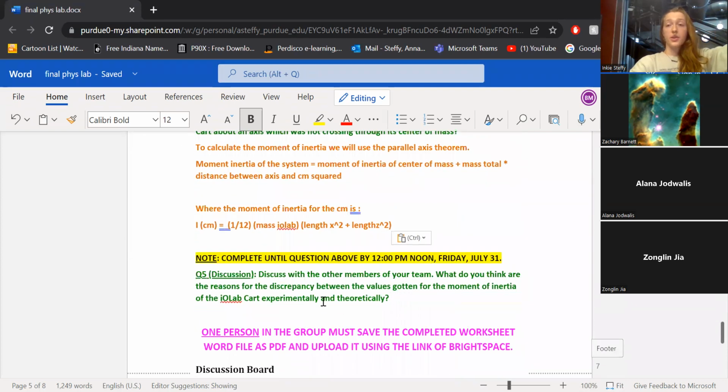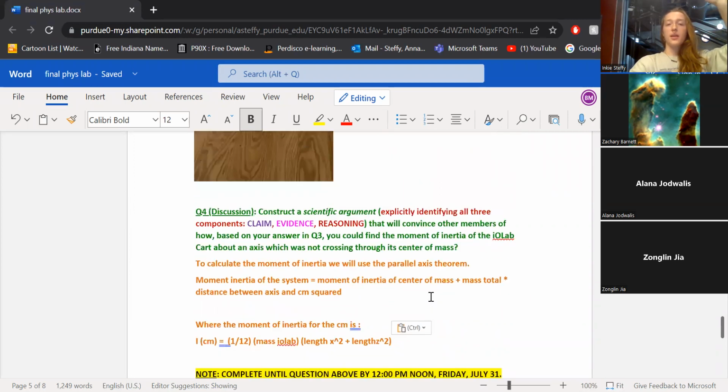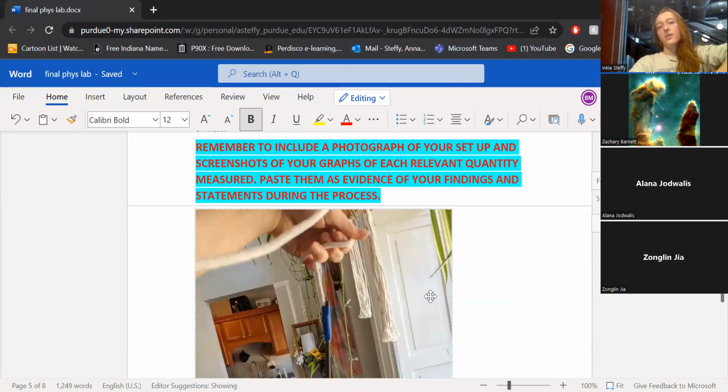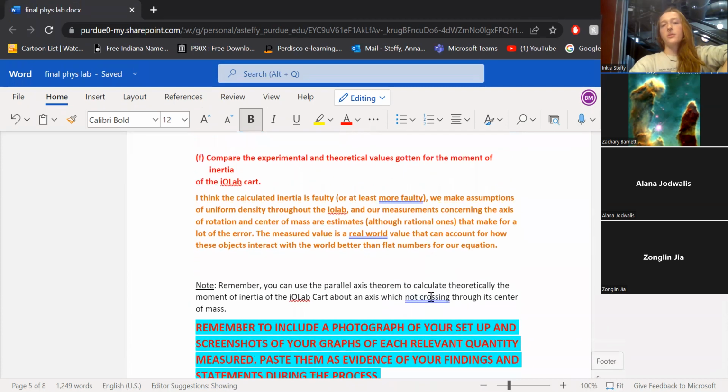And then our last discussion question, we are just talking about the differences between the calculated and the experimental. And what were your guys' values for that? Well, my calculation is kind of messed up.